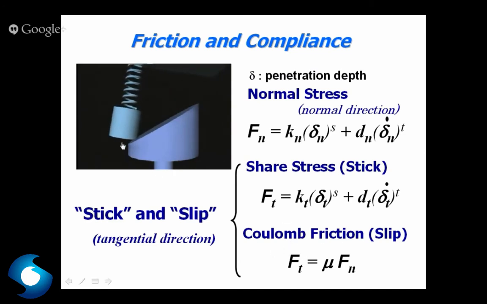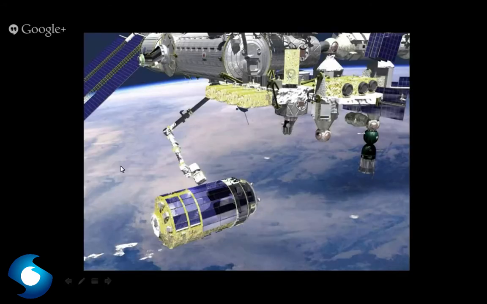So then we observe the stick and slip kind of motion. But anyway, after some discussion, we will get a good understanding of the impact, force generation, and reaction type of phenomenon.